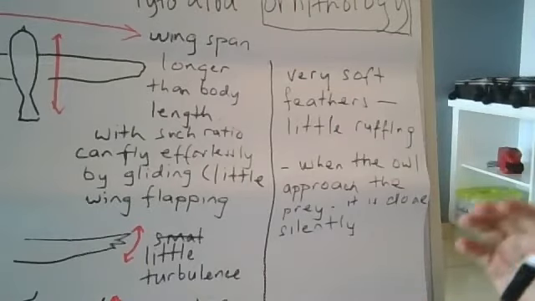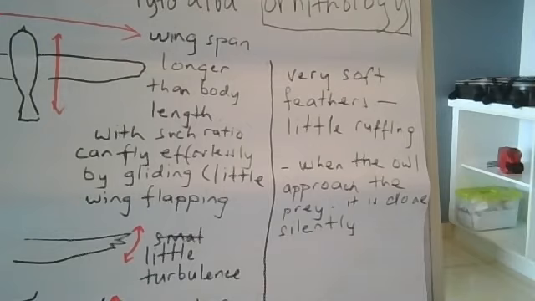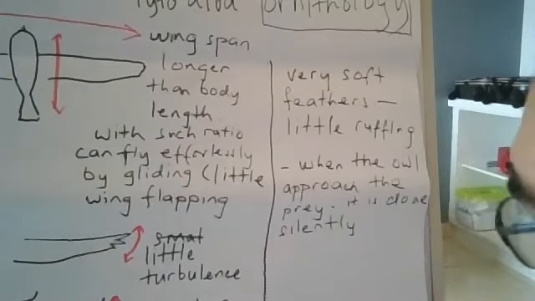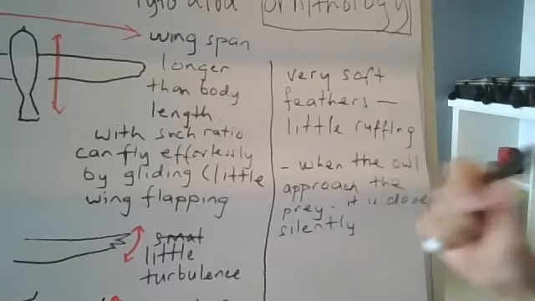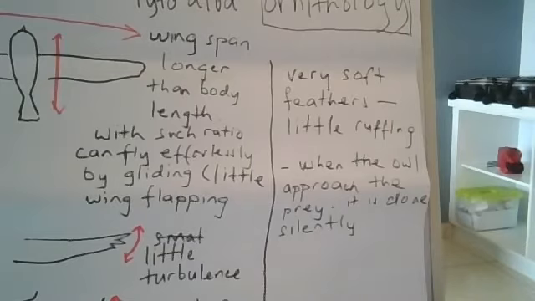Yeah? So the owl can fly very silently through the air and approach its unsuspecting prey. So I always call this death coming down silently from above. So these are the reasons and the features that make the barn owl an efficient predator of rat.